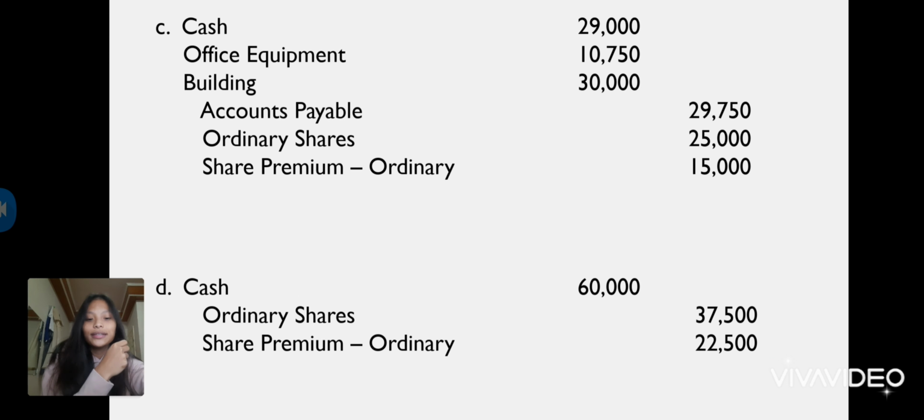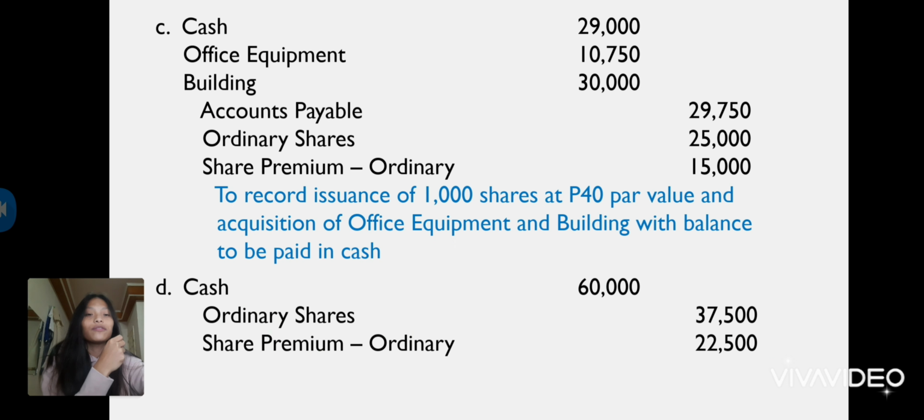Next, for letter C, the record issuance of 1,000 shares at 40 par value and acquisition of office equipment and building with balance to be paid in cash. So the ordinary shares issued was 1,000, right? With a par value of 40.